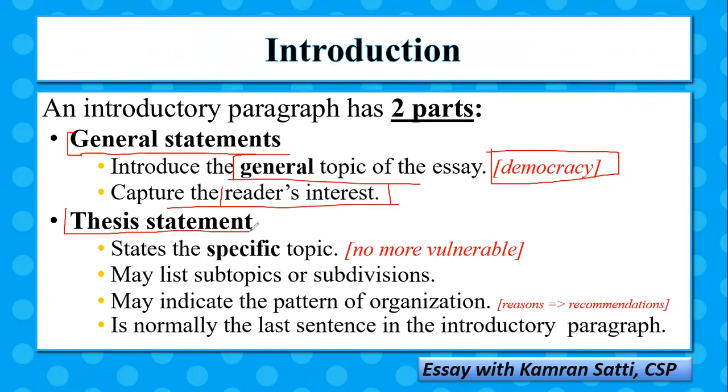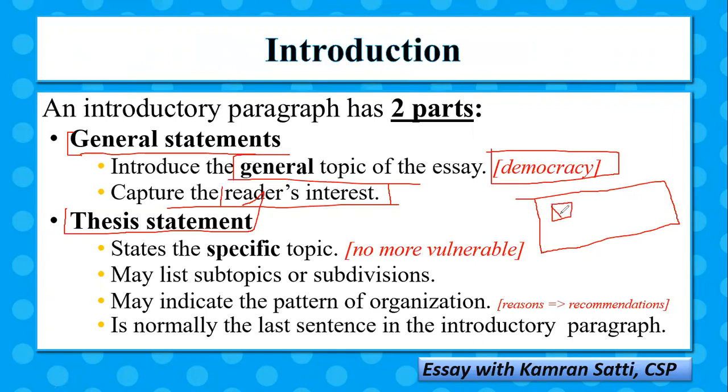The thesis statement narrows down the scope of your essay. Let's suppose this area represents democracy. Now, there are various aspects of democracy, but you have to narrow down the scope of your topic.